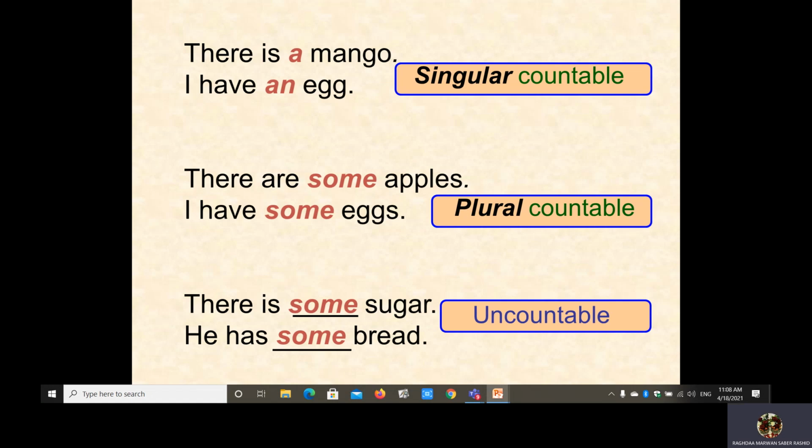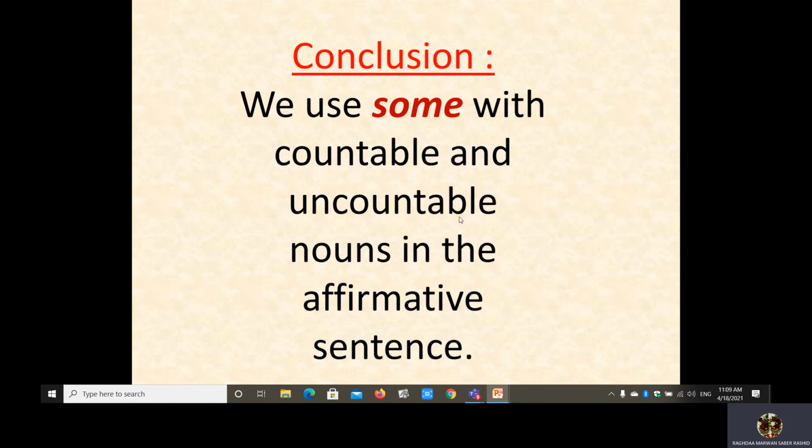From this slide, you can imagine when do we use some with countable or uncountable nouns? Some apples, some eggs, some sugar, some bread. Here are countable nouns and here are uncountable nouns. From this slide, you can say as a conclusion that we use some with countable and uncountable nouns in the affirmative sentence.